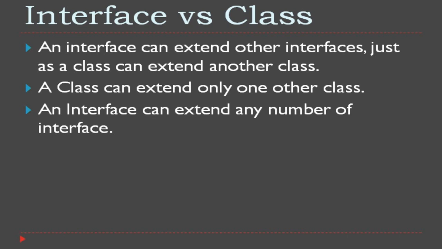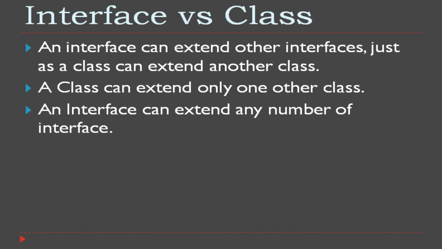interface and class. An interface can extend other interfaces just as a class can extend other classes. So same like classes, interfaces also can extend, that is you can create more interfaces. A class can extend only one other class. That means a class cannot extend more than one class. So you will have a superclass, then you will have a subclass.